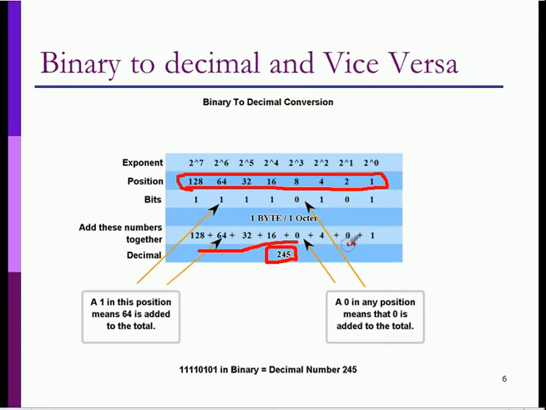Don't add 2, and by adding this, you can get 245. That means your binary would be 1 1 1 1, I didn't use this, so it will be 0, and then 1 again. I didn't use this, so 0, and then 1. As you can see, the binary over here.